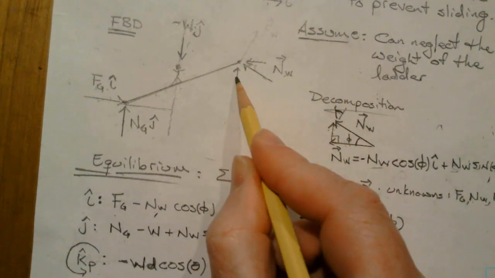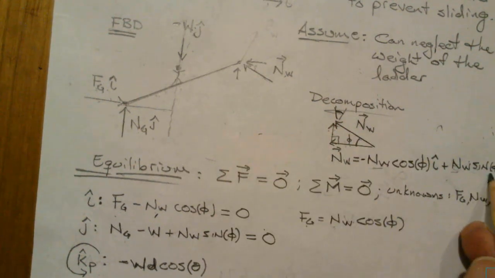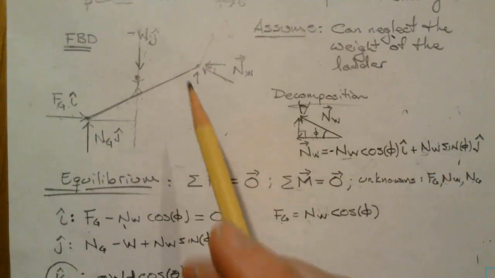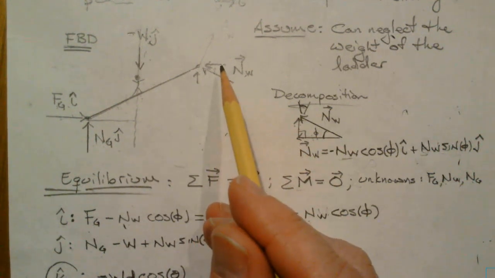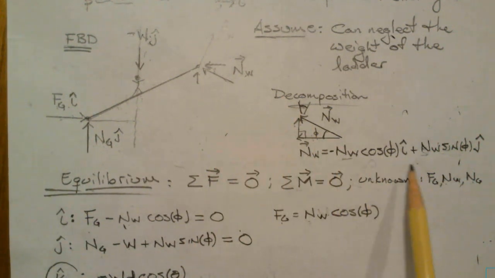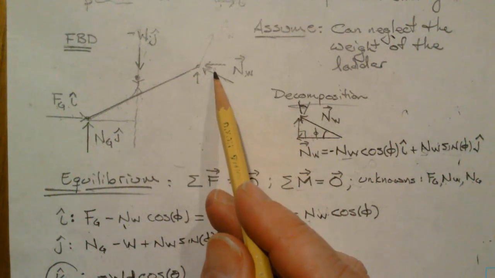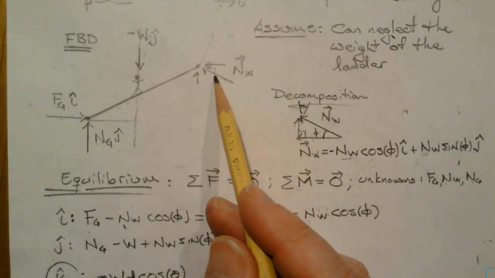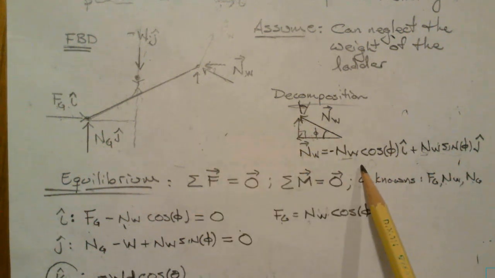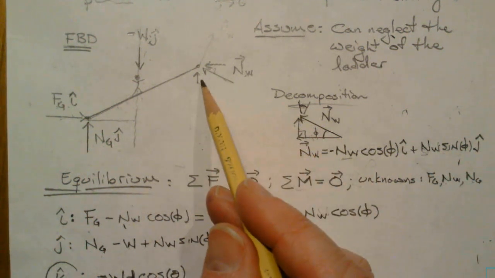Vertical component, that's the N_W sine phi. That's the vertical component. And a horizontal component, which is the minus N_W cosine phi. Right? So I can take this thing and split it into two pieces. So let's do one piece at a time.